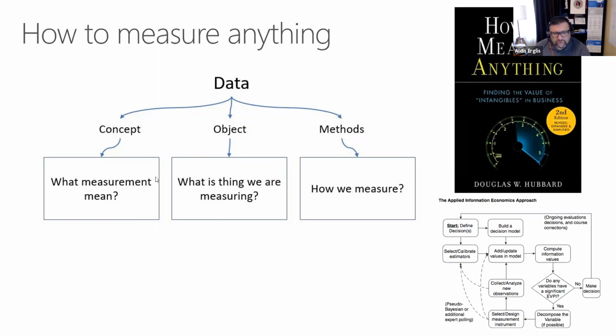So you need to ask conceptually: what does the measurement mean? When you understand that, you go to the next step: what are we actually measuring, what is the object of this measurement? And the third is how we measure it, how it is collected: directly from the eShop, an export, some observations, and so on.